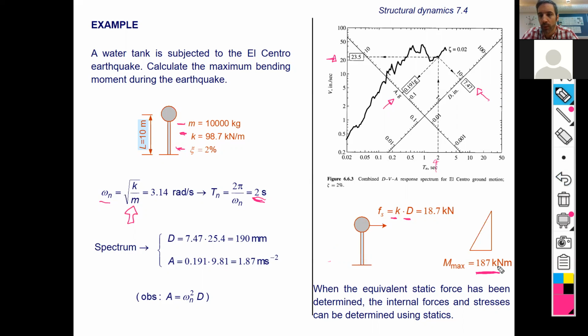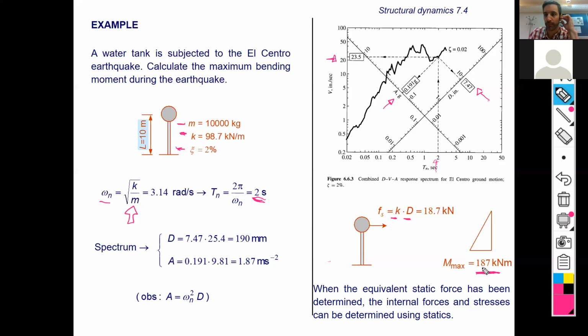So when we build this structure, we will need to build it with a beam that can withstand at least this many kilonewtons per meter of moment, so that it will survive the earthquake elastically without ever being plasticized.